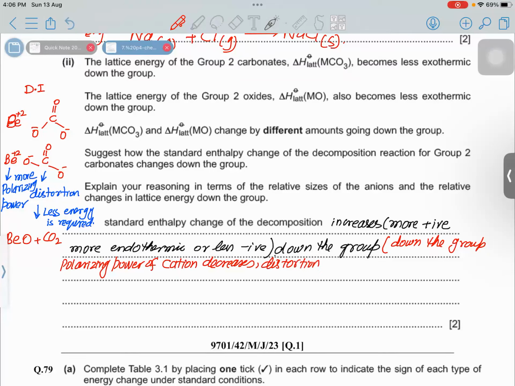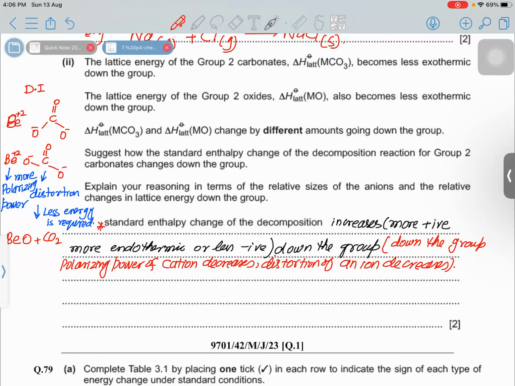Distortion of anion decreases. That's why down the group, standard enthalpy change of decomposition increases. Beta, are you getting my point or not? Yes, sir, I'm getting.